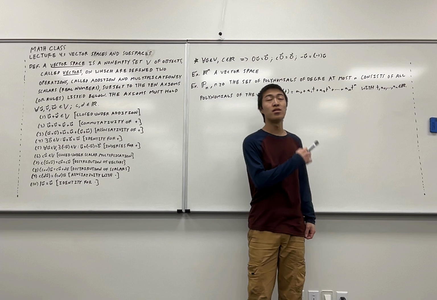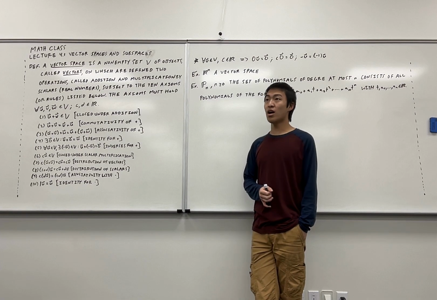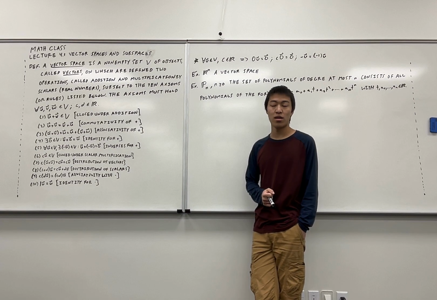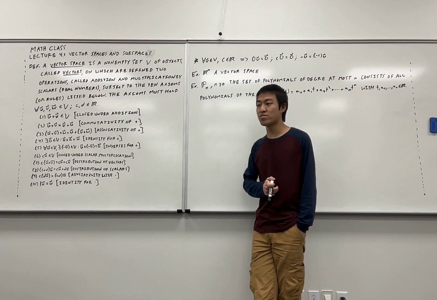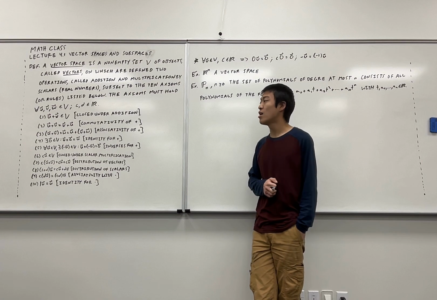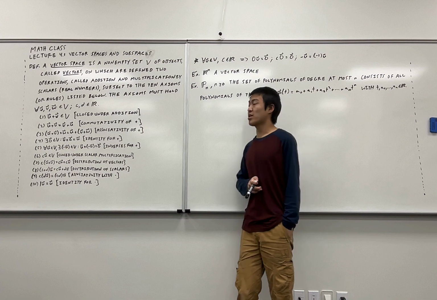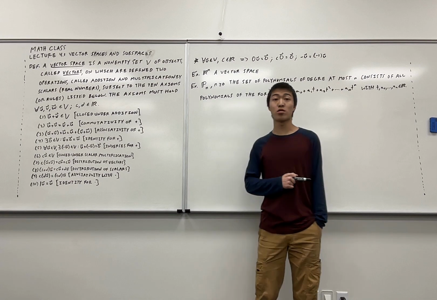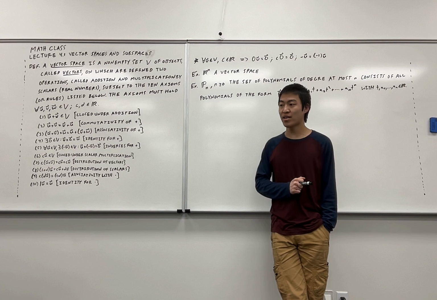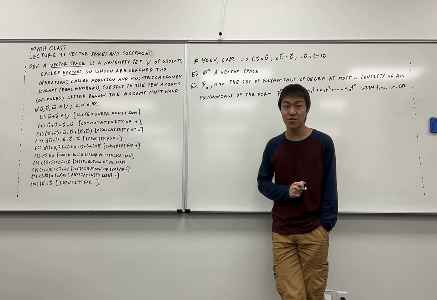Even through Calc 1 and Calc 2, you're really operating just in the vector space of R. And sometimes you poke into vector spaces of real-valued functions. But now in linear algebra, we started poking into the vector spaces of R^n. And now we're going to find out that that's not the only type of math you can do.